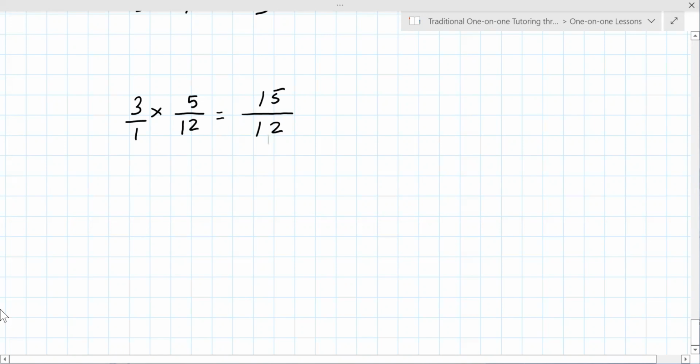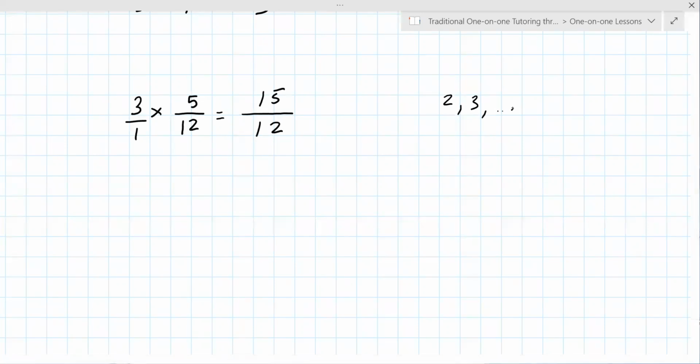Good. Now, is there a number that goes into both of these? So try 3. Does 3 go into both the top number and the bottom number? Yeah. Okay. What is 15 divided by 3?